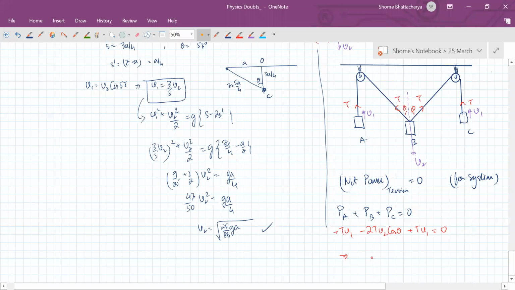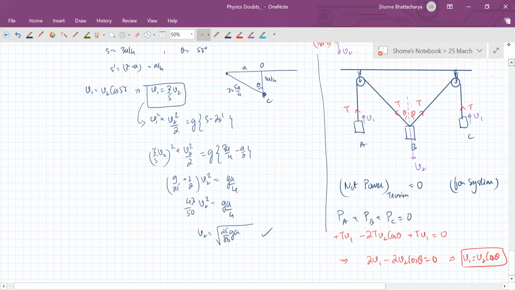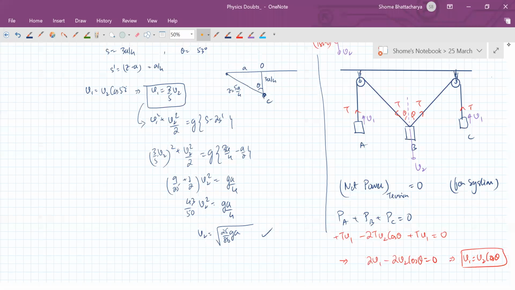So that's how we get 2V1 minus 2V2 cos theta is 0, or V1 is equal to V2 cos theta. So hope it is clear, Shikhar.